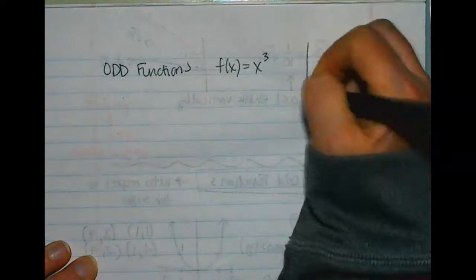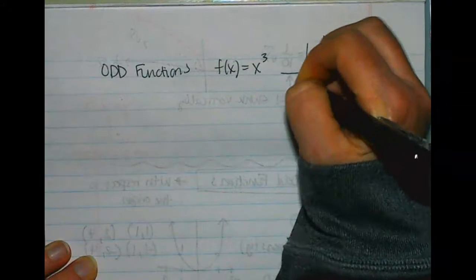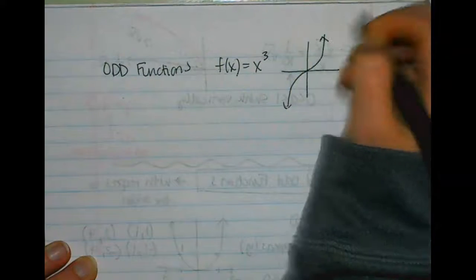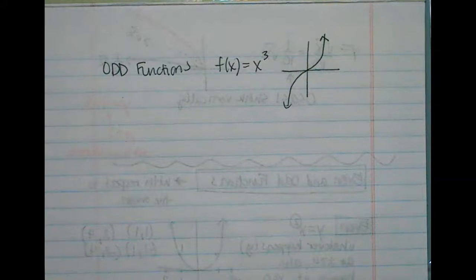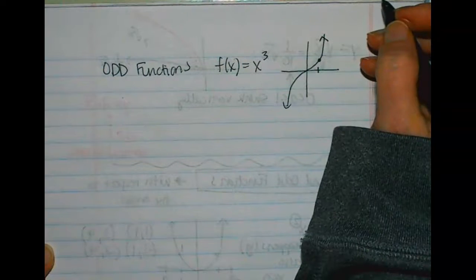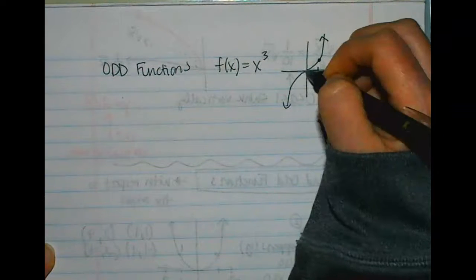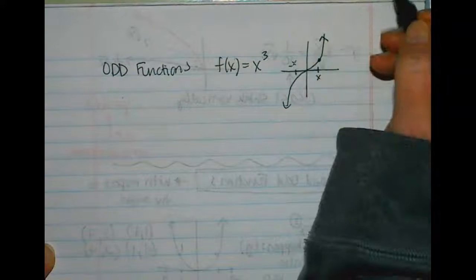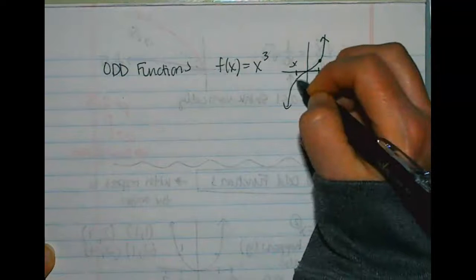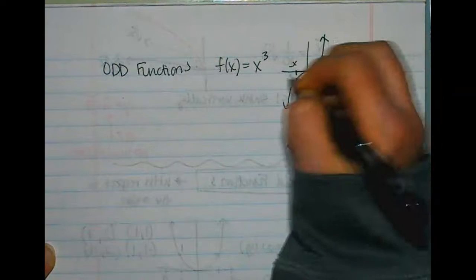The parent function looks like this, where we're up here, and then we hit 0, and then we go down here. Now, odd is different than even. If I go to an x value here, I get this y value. Obviously, if I go to the same x value, so this far away over here, negative x, I get a different y value. So this is one y value, and this is a different y value.